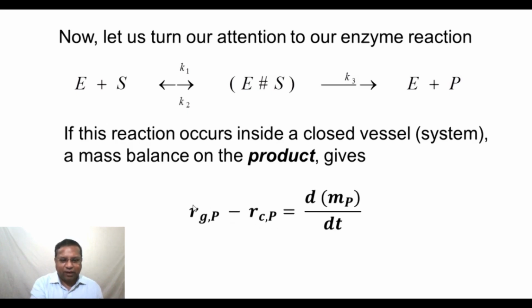Remember, this is a batch reaction, and therefore the input and output rates are 0. So those two terms disappear, and we have only the generation and consumption terms associated with the product. So the rate of generation minus the rate of consumption of the product equals the rate of accumulation of the product, all this in mass terms.